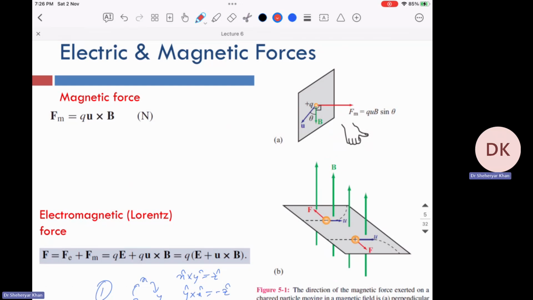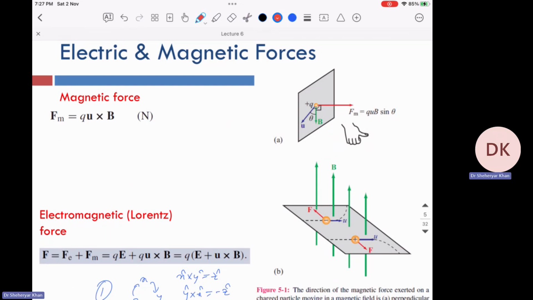This is one rule, a natural rule to understand any cross product. But here you can use FBI, right? So this is the basic force. I will show you in the next step. We actually derive something better than this formula.